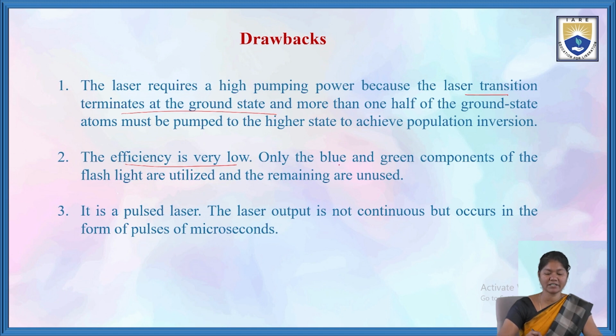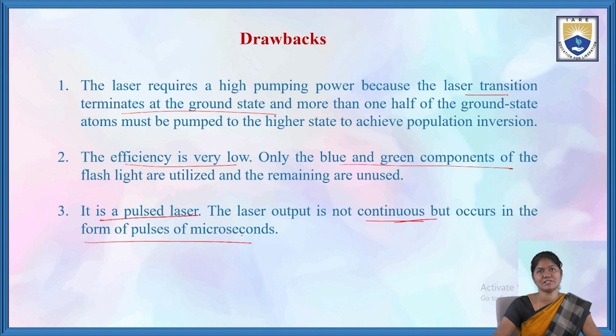Only the blue and green components of the flashlight are utilized and the remaining are unused. Ruby laser is a pulsed laser. The laser output is not continuous but occurs in the form of pulses of microseconds. So these are the drawbacks of the ruby laser.